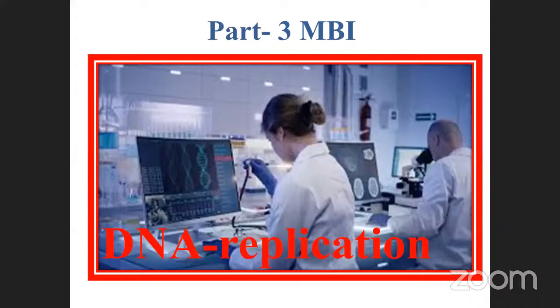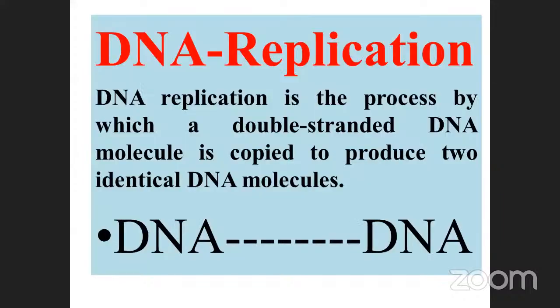Replication. Dhanalakshmi: it's a copy of DNA. Very good. In simple terms, we may call it an exact copy of the parental DNA, isn't it? The DNA replication is the process by which a double stranded DNA molecule is copied to produce two identical DNA molecules.